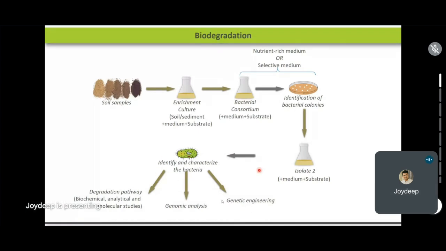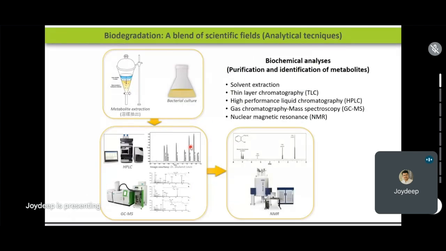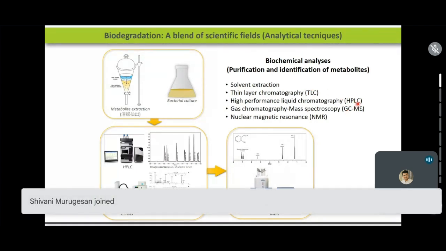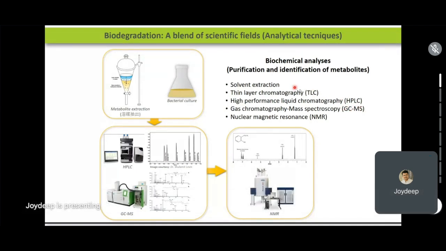So talking about the techniques that follow after the bacteria has been isolated, there are primarily three different ways. One is biochemical analysis, where we perform solvent extraction and certain analytical tools like TLC or thin layer chromatography, HPLC, gas chromatography, mass spectroscopy, GCMS, for purification of the compounds, as you can see here.